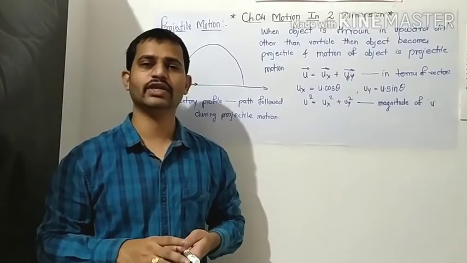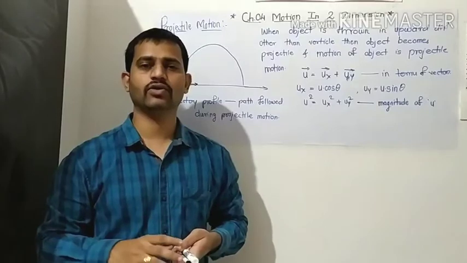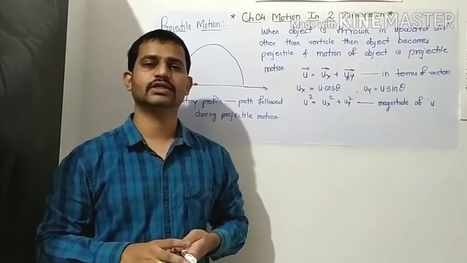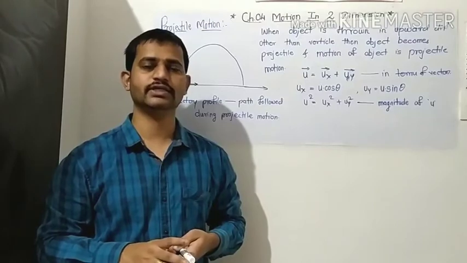And if there is no application of force, then we can say that the velocity along the horizontal direction is constant. Okay, so velocity along the horizontal direction is constant.